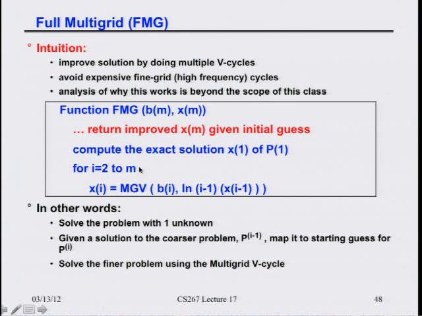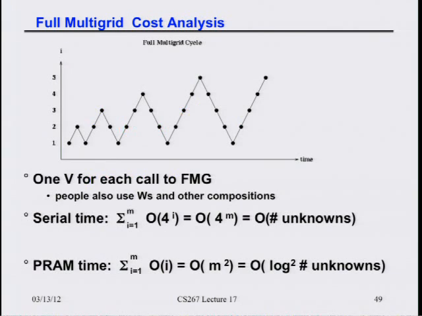I just start from the coarsest to the finest and solve that problem and use that as a starting guess for the next level. So again, it's just a geometric sum, and all the work is done by one V-cycle at the finest mesh. And if you make me draw the picture of the call cycle, this is what it looks like.